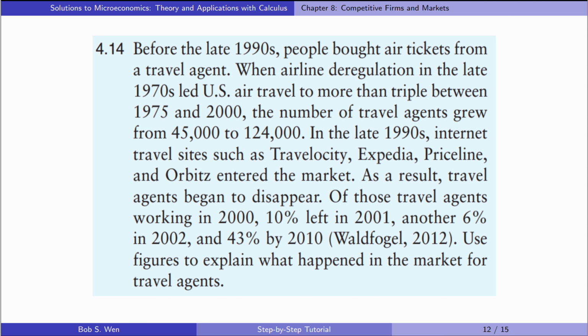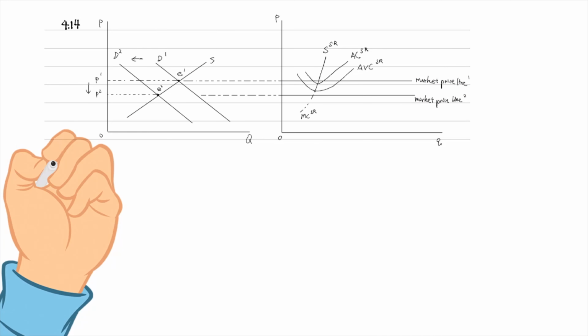In the late 1990s, internet travel sites entered the market. As a result, travel agents began to disappear. Of those travel agents working in 2000, 10% left in 2001, another 6% in 2002, and 43% by 2010. Use figures to explain what happened in the market for travel agents.